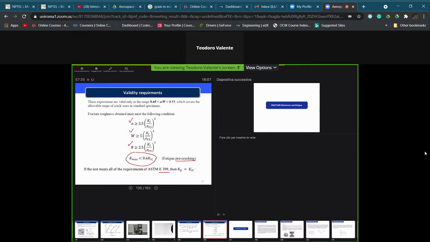In order to have reliable results, it must be done with a maximum value of the stress intensity factor in the fatigue cycle, which is not going to exceed 60% of K1C. And that's another condition which must be met.